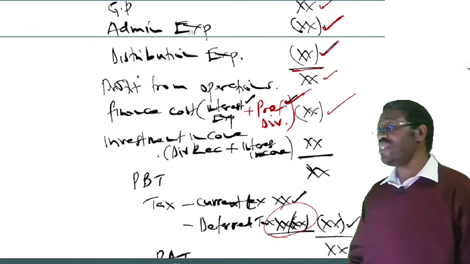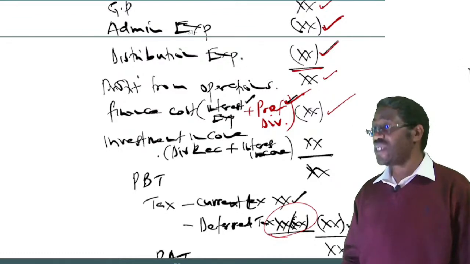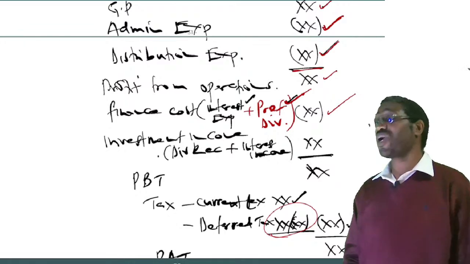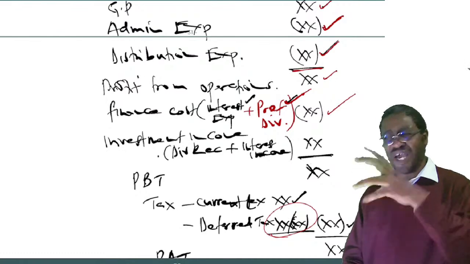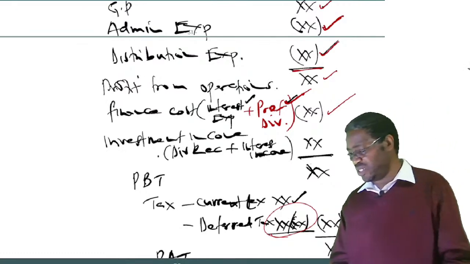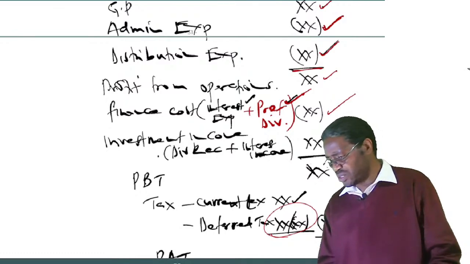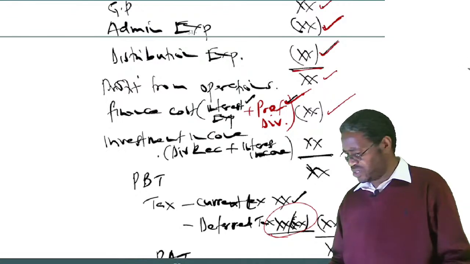But dividend on redeemable preference shares is classified as a finance cost. I talked about the difference in detail in our previous class. Good. In our previous class, that's what we did.